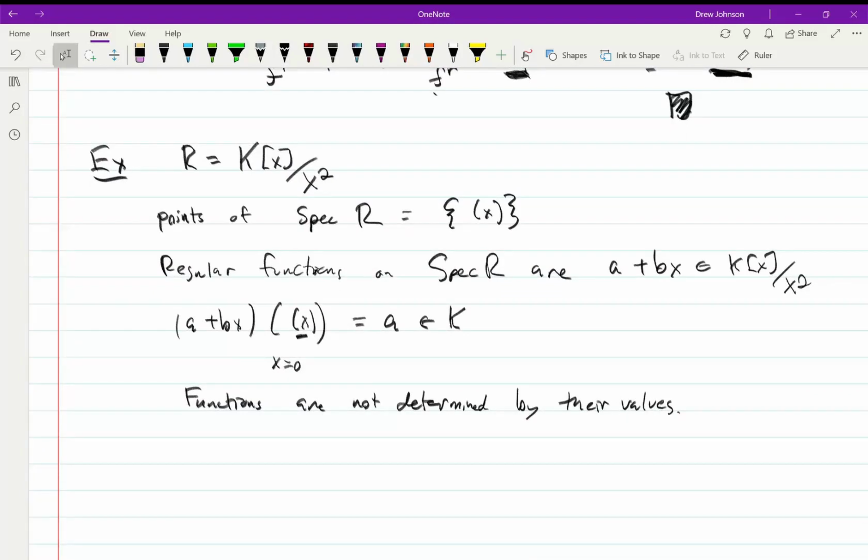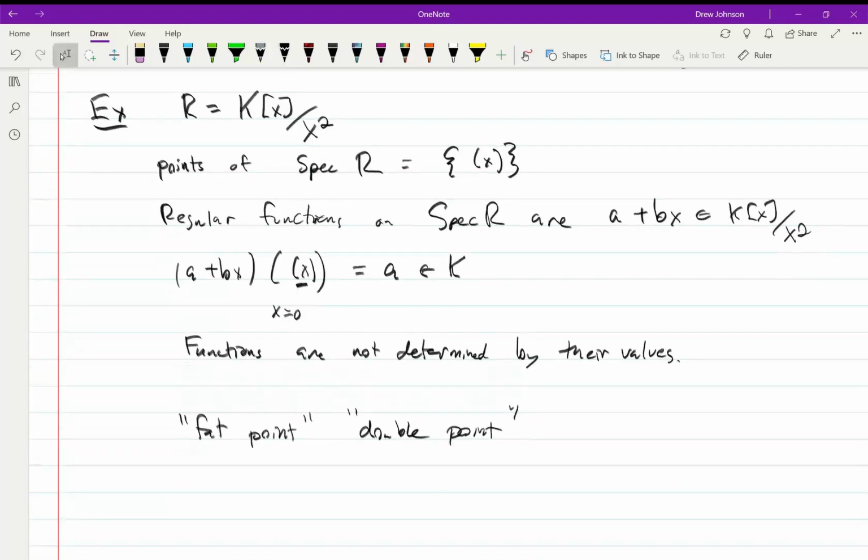All right, so how are we supposed to think about this scheme? Sometimes people call this a fat point or a double point. Remember, it's just a single point, but somehow it remembers that it came from A1, so like Kx is equal to A1.